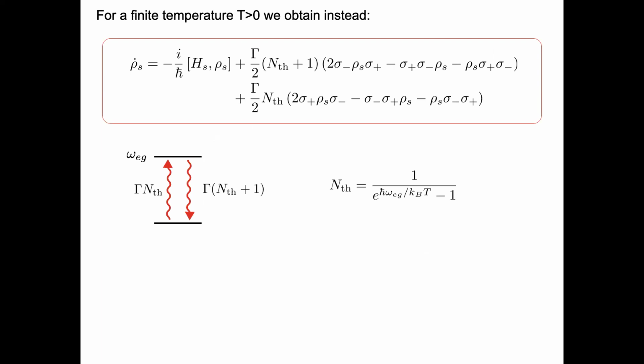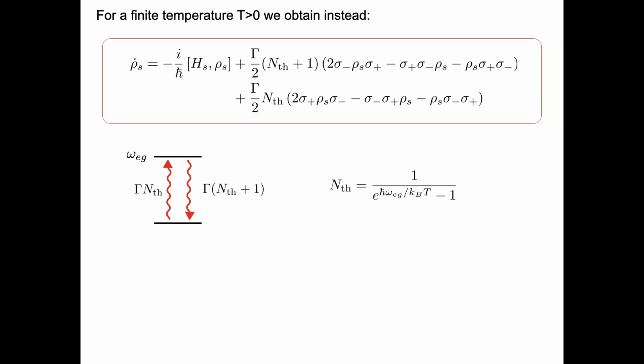Okay, and if we then forget about the driving field first, we would simply have the case where the excited state can decay, and actually will decay faster if there are excitations in the bath. The bath is hot, so the decay can be stimulated. You have already photons there. Photons tend to stick together, so you have stimulated emission.